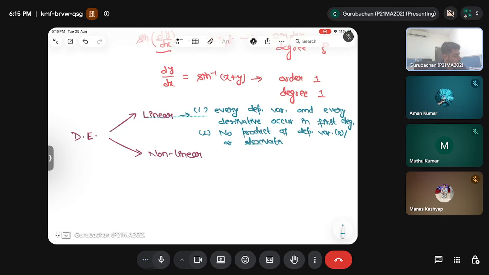Is it clear? Now what is non-linear? It will then be obvious.